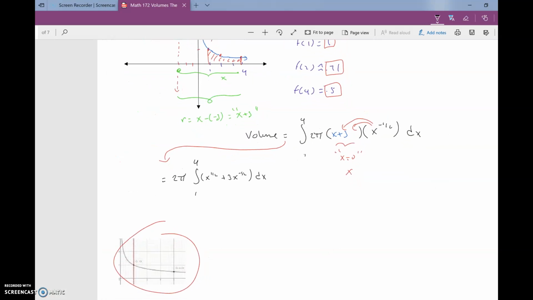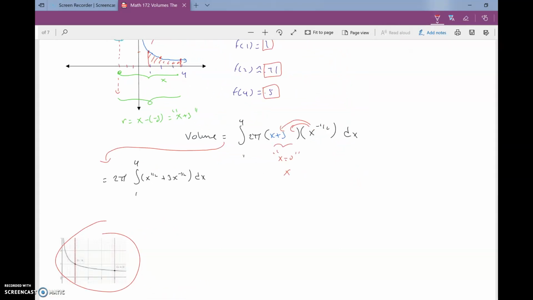Okay, so evaluating the integral for this one, we're going to get that this is 2 pi times x to the 1/2 plus 1, so that's 3/2, divided by 3/2, plus 3x to the negative 1/2 plus 1, which is 1/2, divided by 1/2, evaluated from 1 to 4.